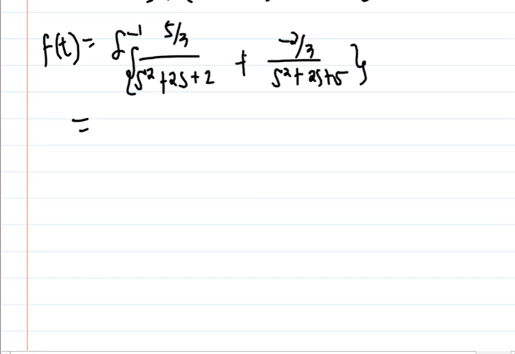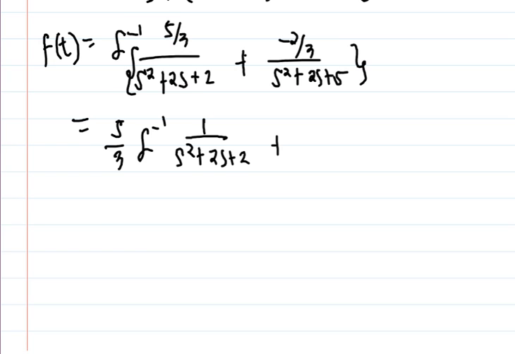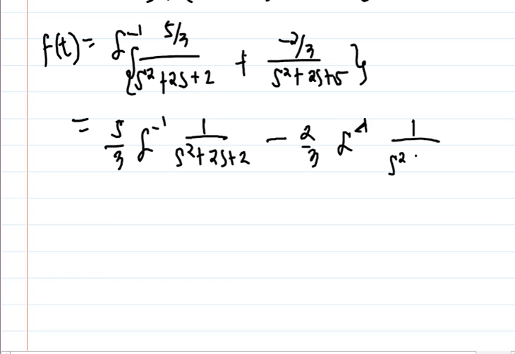So we have the inverse Laplace transform, with 5 over 3 outside, of 1 all over s squared plus 2s plus 2, minus 2 thirds times the inverse Laplace transform of 1 all over s squared plus 2s plus 5.